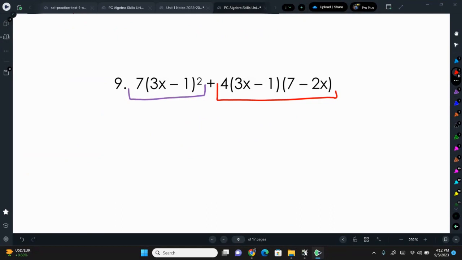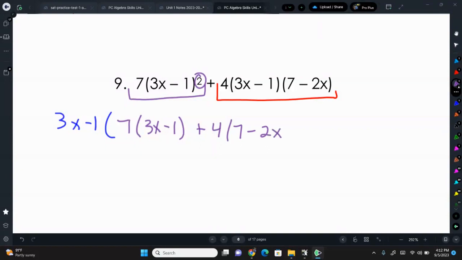Well, they both have a 3x minus 1. This is 3x minus 1 squared, and this is 3x minus 1. So if we factor a 3x minus 1 out, that leaves us with 7 times 3x minus 1 to the first power, because we factored out one of these, plus 4 times 7 minus 2x.